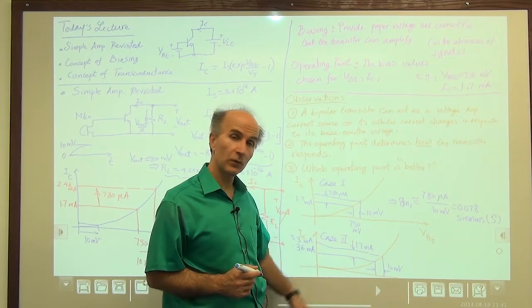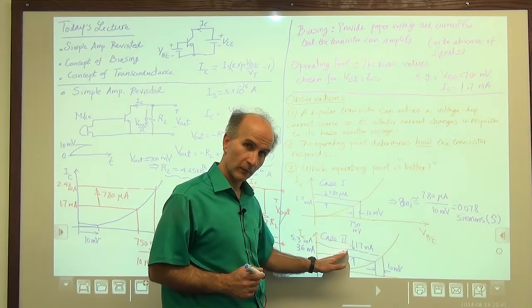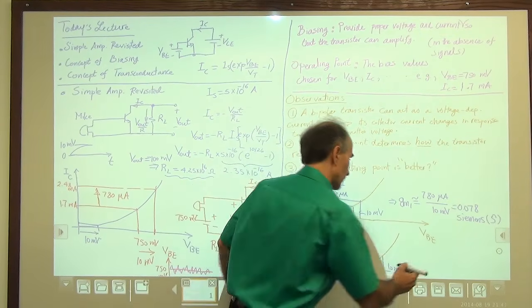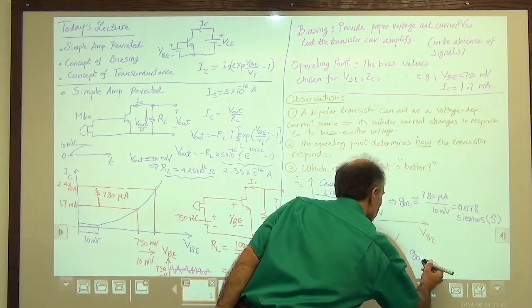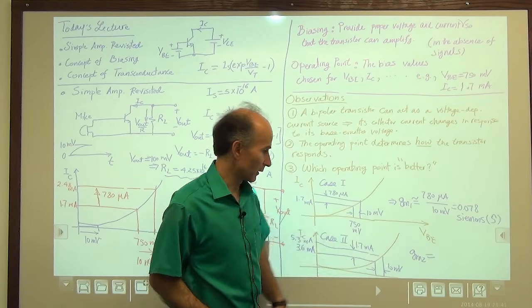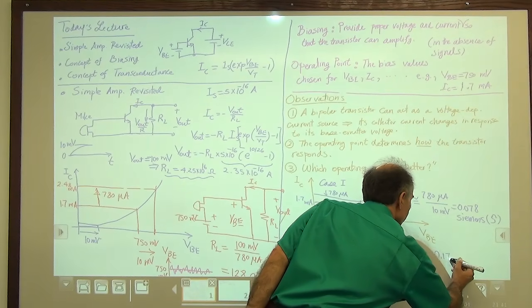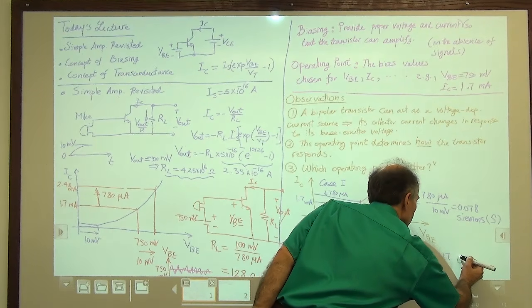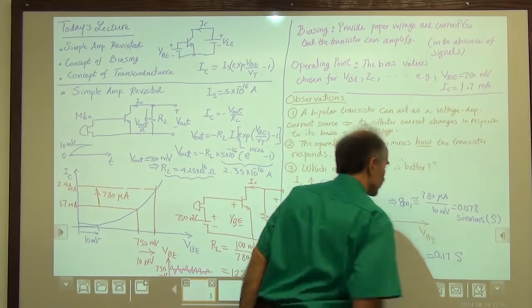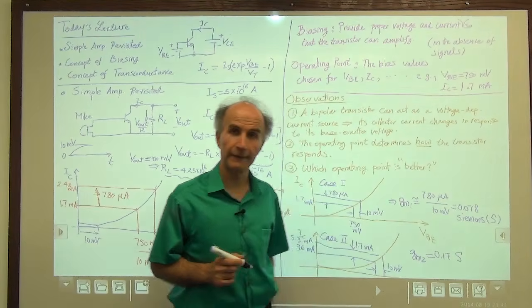What do we expect in case 2? Well, we expect the slope to be greater, so we expect that GM2 will be greater. Let's calculate GM2. GM2 is equal to 1.7 milliamps divided by 10 millivolts. So that comes out to be 0.17 Siemens. As expected, this is greater than that.